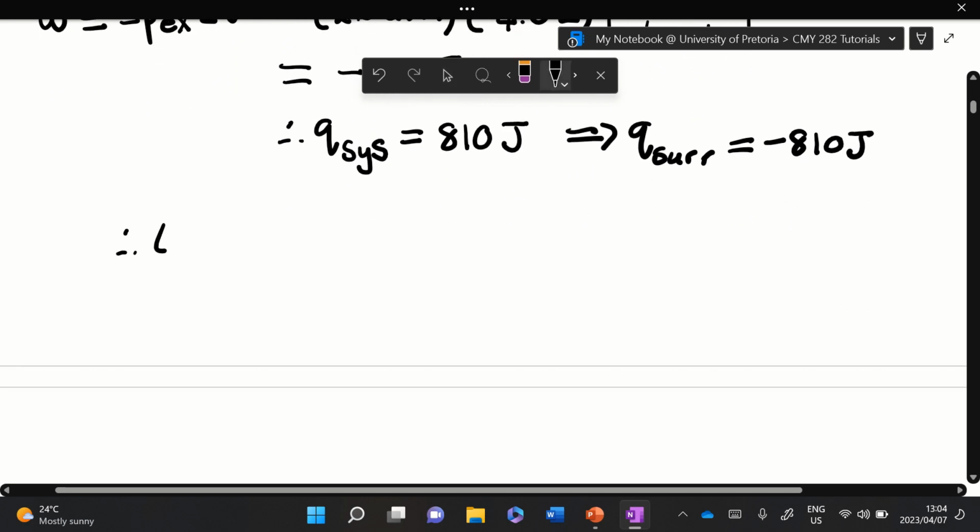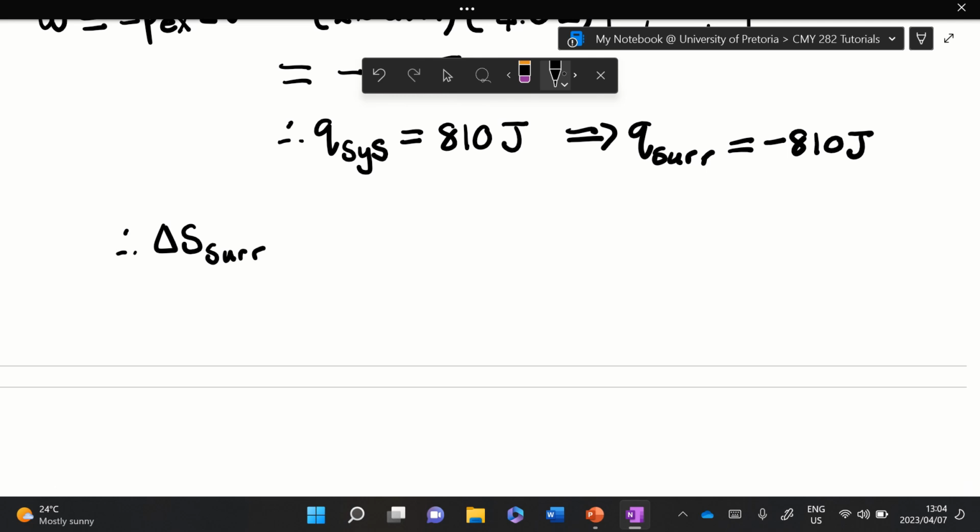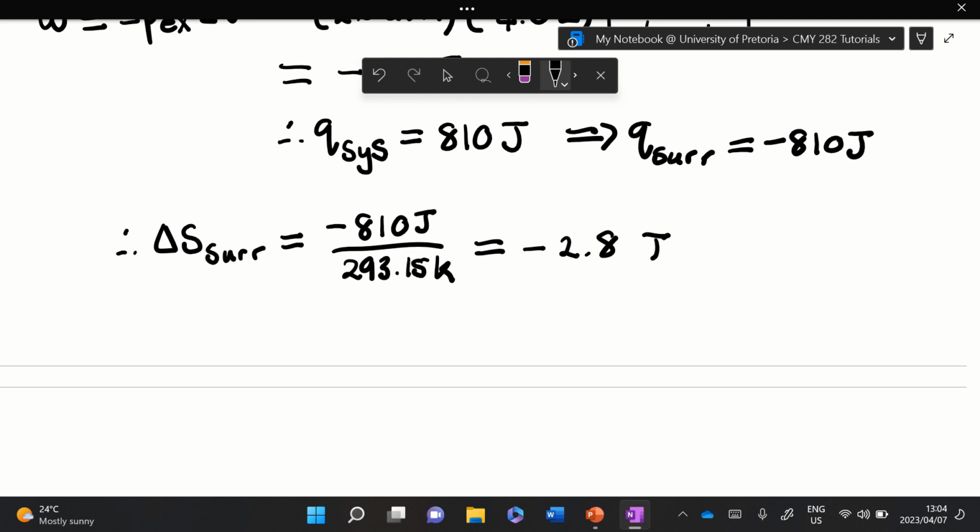So in other words, the change in the surroundings entropy is then equal to minus 810 joule over the constant temperature that everything's being held at, which is 293.15 Kelvin, which then gives us a value of minus 2.8. Now we have joule divided by Kelvin, so it's joule per Kelvin.